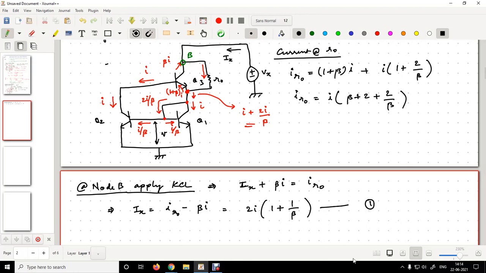Next we have to find Vx, so that Vx by Ix will give you R out, the output resistance.